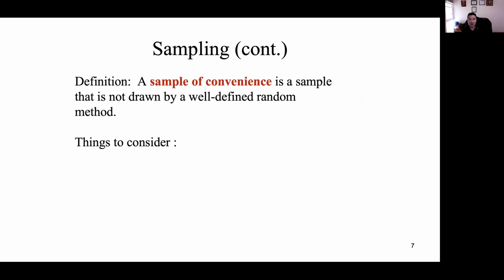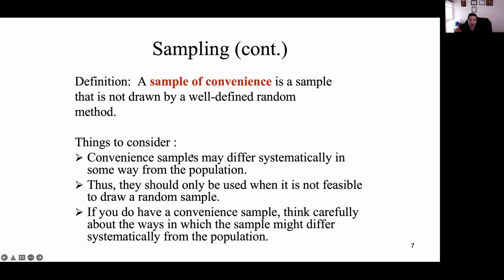The opposite of that is called a sample of convenience. A sample of convenience is a sample that is not drawn by a well-defined random method, like a lottery. Sometimes we cannot get a simple random sample, so we have to use a sample of convenience. If we do that, we need to consider this: a convenience sample may differ systematically in some way from the whole population.